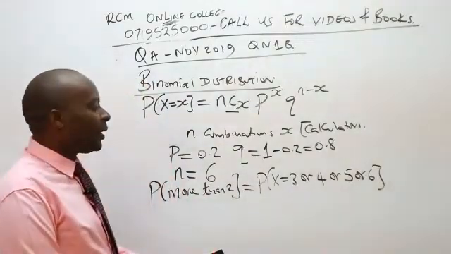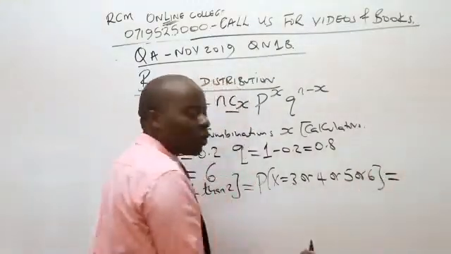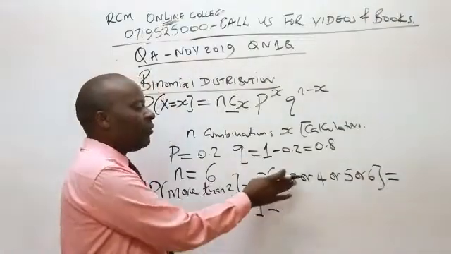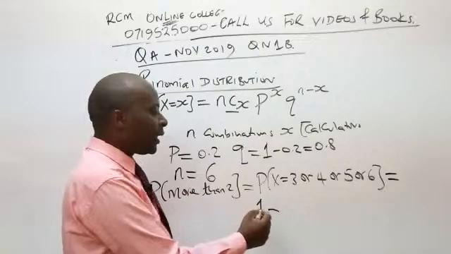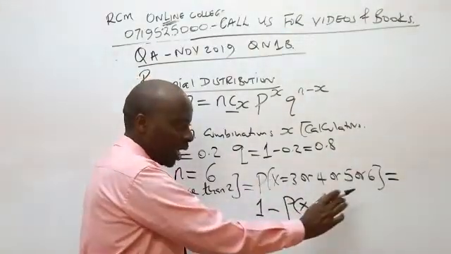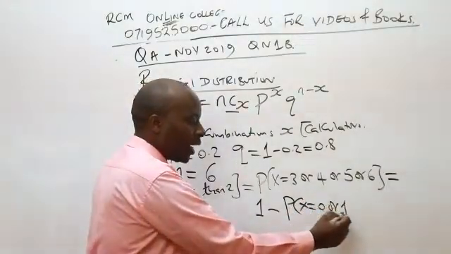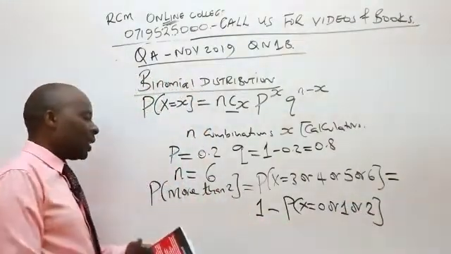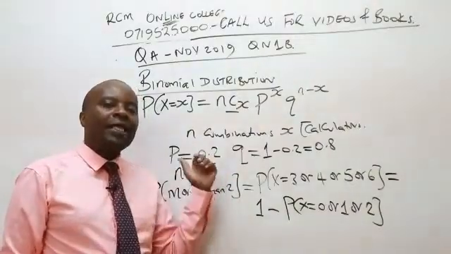Meaning this particular probability can also be obtained by taking 1 minus the other events, which are probability of X equal to 0, or 1, or 2. Allow me to repeat: probability of more than 2 means that we start from exactly 3.